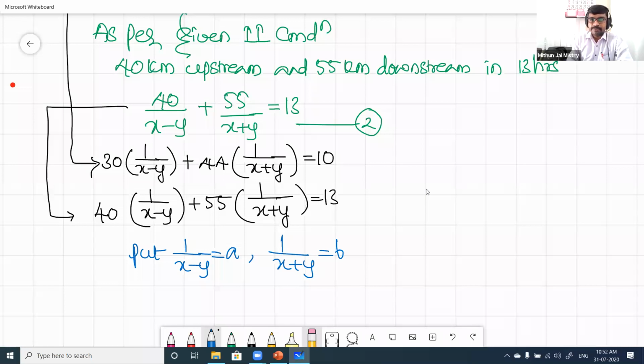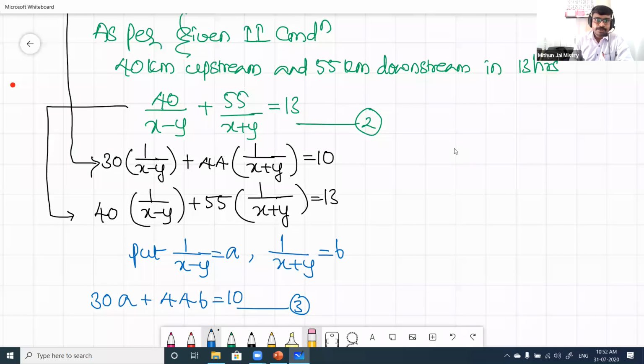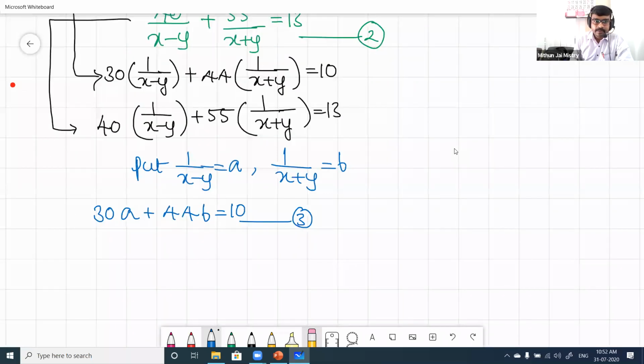We can get something like 30A plus 44B is equal to 10. Let me take this as equation number 3, and then we'll get here 40A plus 55B is equal to 13. This is my equation number 4.